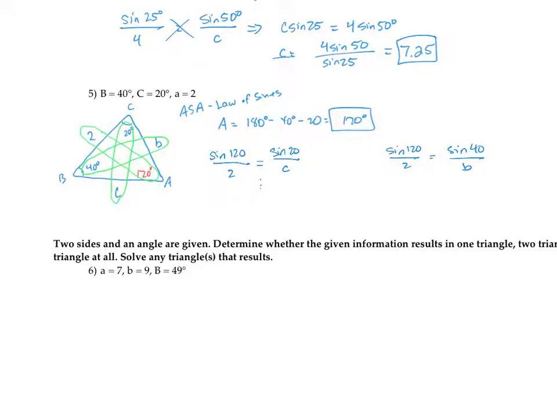Okay. Hopefully you're getting the hang of this by now. You'll see that after cross multiplying and dividing, we get c is 2 sine of 20 over sine of 120. Over here you'd get b is 2 sine of 40 over sine of 120.